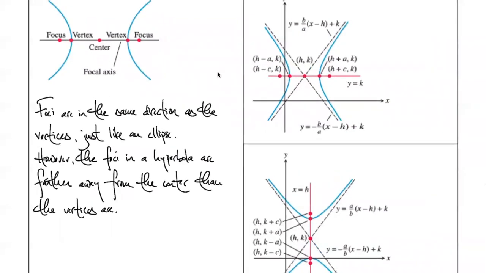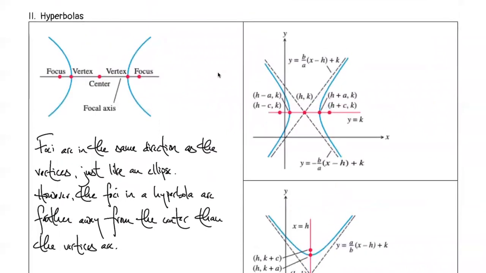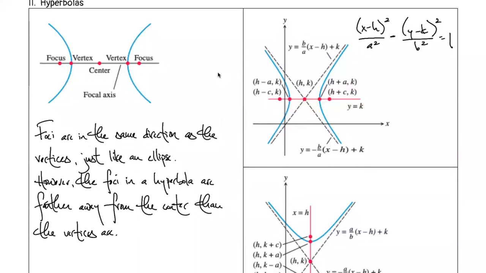And so one thing I'd like us to write down here is for the ones that face sideways, we have x minus h squared over a squared minus y minus k squared over b squared equals 1. So anytime we see the x coming first, the branches open up sideways.